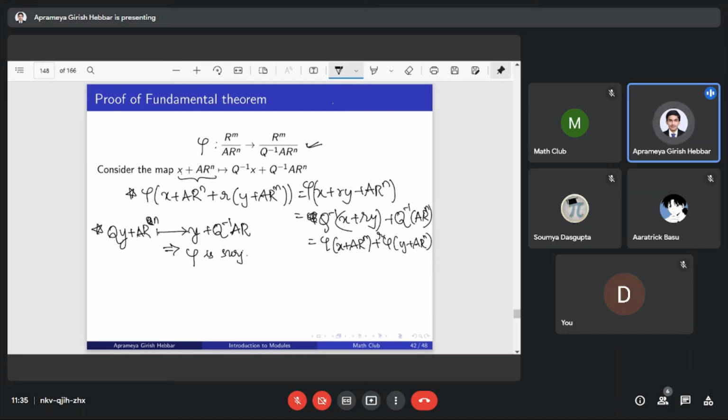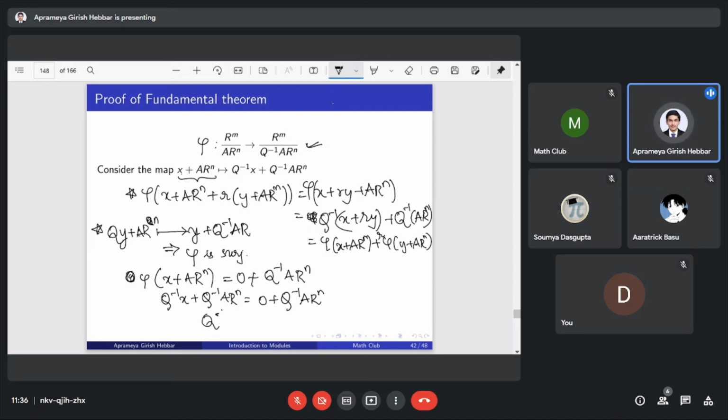And why is phi injective? Let's suppose that some element x plus ARⁿ is going to 0 plus Q inverse ARⁿ, the zero element in the right-hand side. So Q inverse x plus Q inverse ARⁿ equals 0 plus Q inverse ARⁿ.